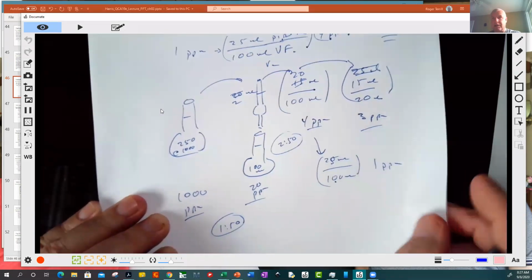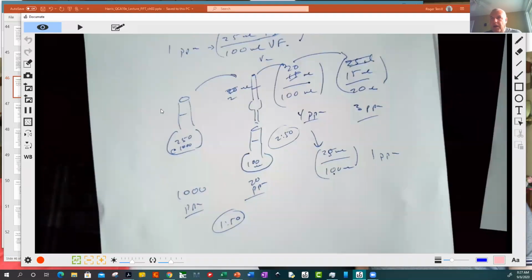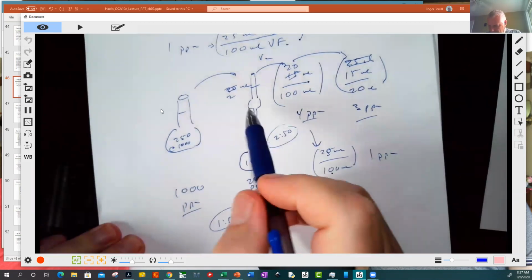So this is how you would do this. There's other ways to do it. You can use burettes. You can start with the same stock solution, etc. I don't really have any bias. If you're worried about gross errors, like you're shaky on your technique, you might want to start with like this one.